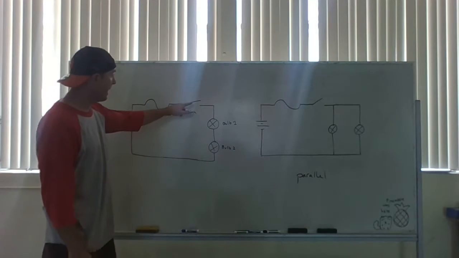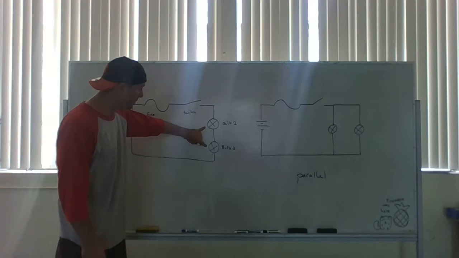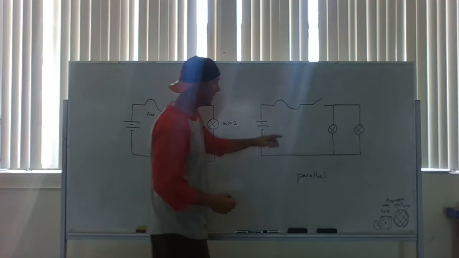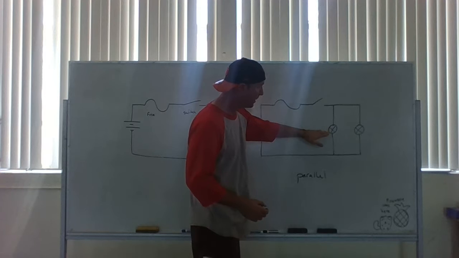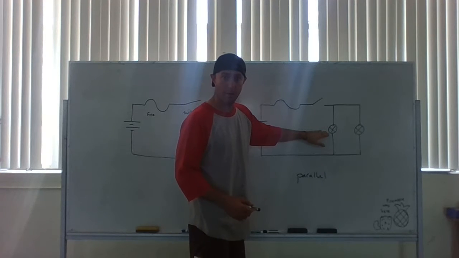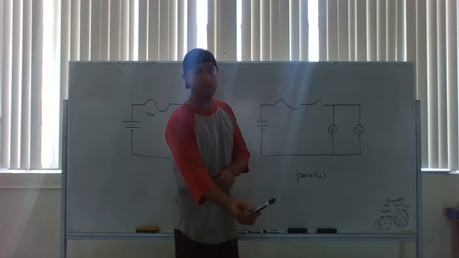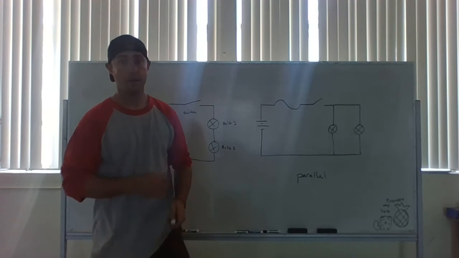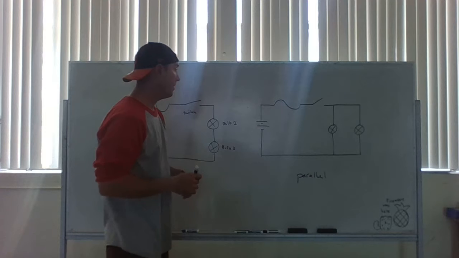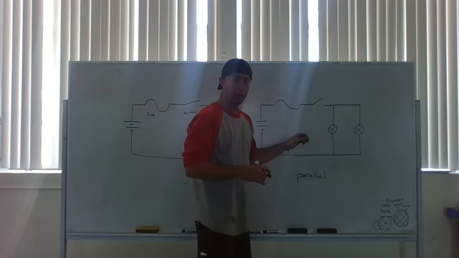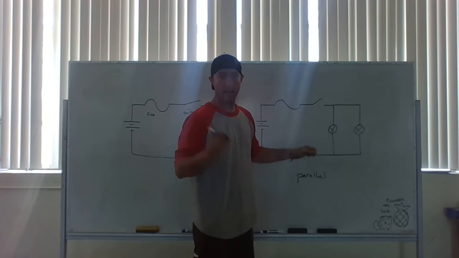On both of these, if I close this switch, these two bulbs will turn on. Over here, if I close this switch, these two bulbs will turn on. So what's the difference between the two? Well, it's actually quite a lot. And I'll tell you right now, almost every circuit in your car is wired this way as opposed to this way.